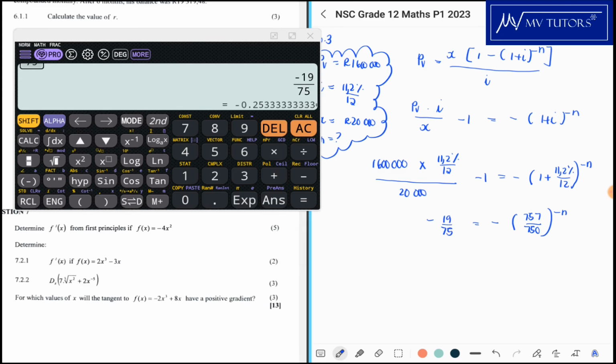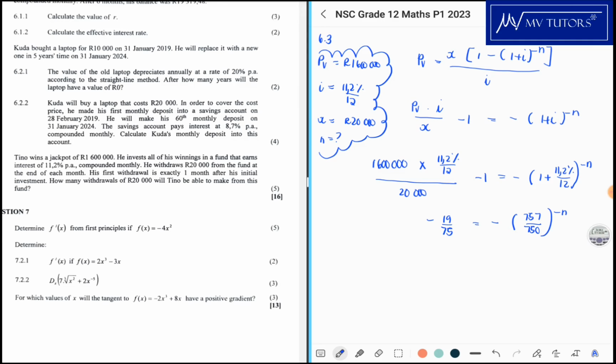Okay, so we have an unknown as an exponent, so we can use our log function. 19 over 75 is equal to 757 over 750 to the power negative n.